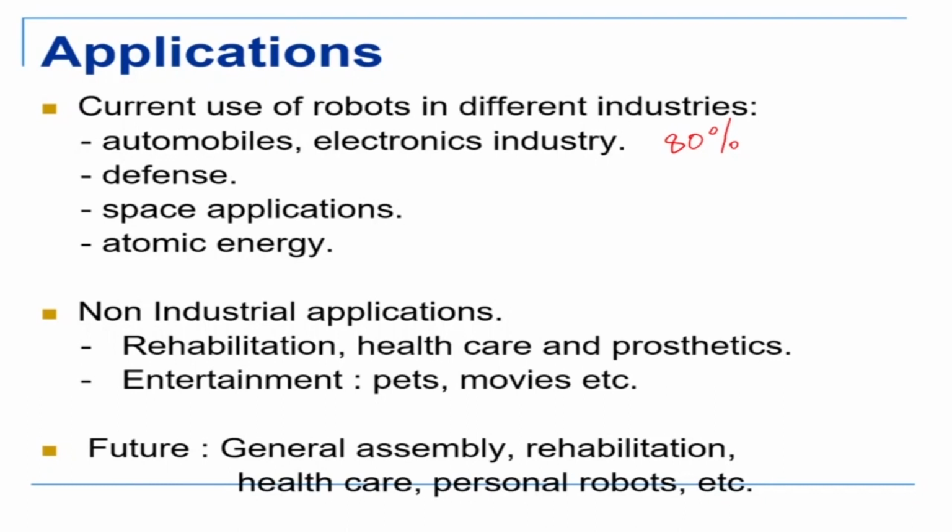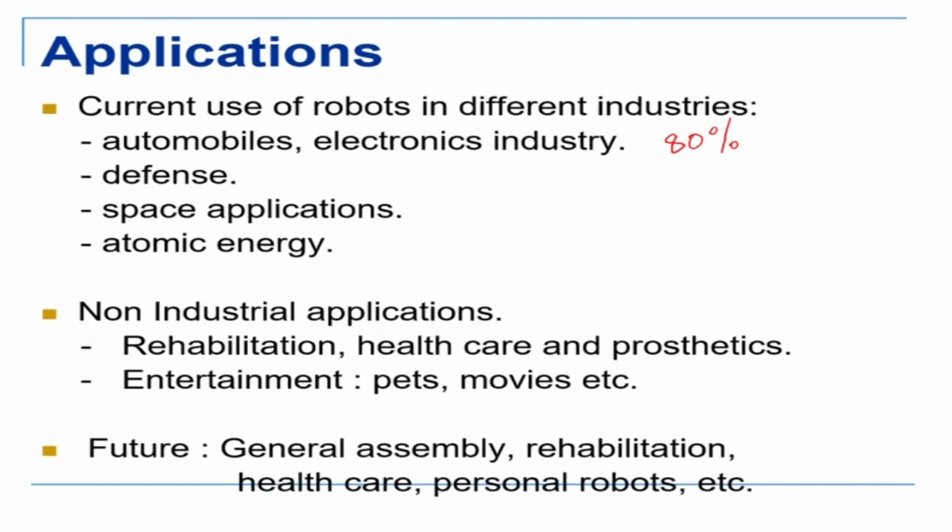With the increase in the electronics industry, right from consumer electronics to industrial electronics to defense electronics, something like a refrigerator, TV, smartphone, a laptop, a tablet, everything is assembled by robots. So you have a motherboard and the various parts or the chips and various connections onto that are made by robots. So 80% of industrial applications are in the automobile and electronics industry.